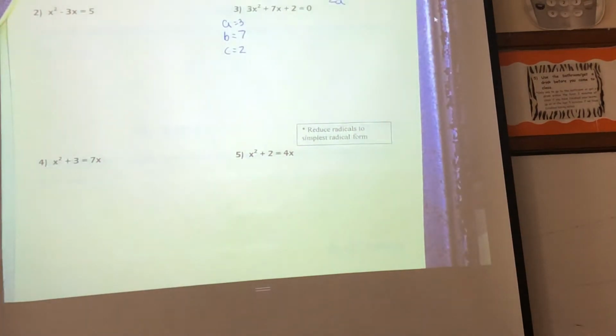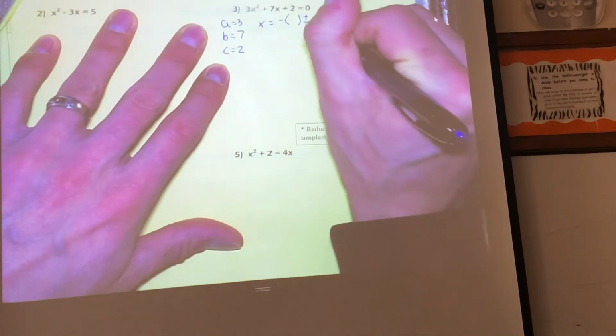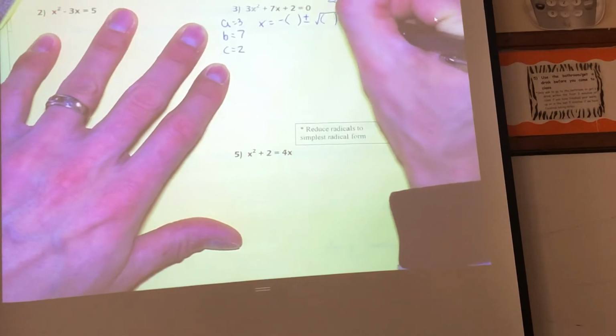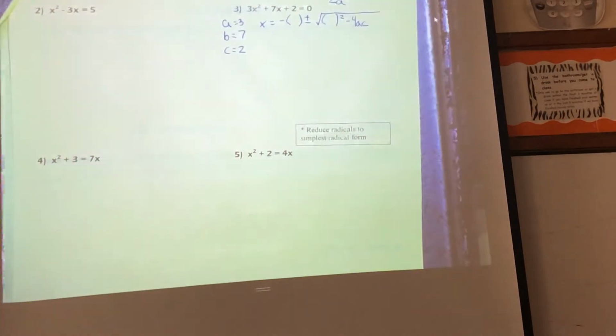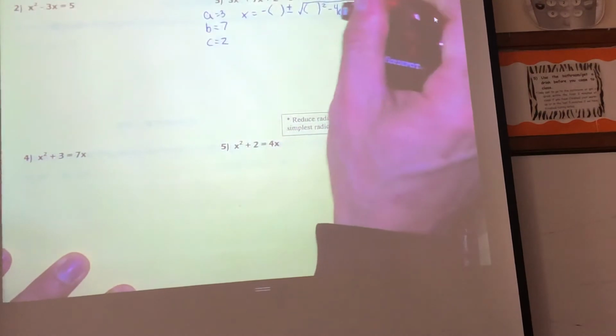So I'm going to plug this in. So I have x is equal to, wherever there's a variable, I'm just going to put a set of parentheses. I want to replace my A and my C with parentheses.